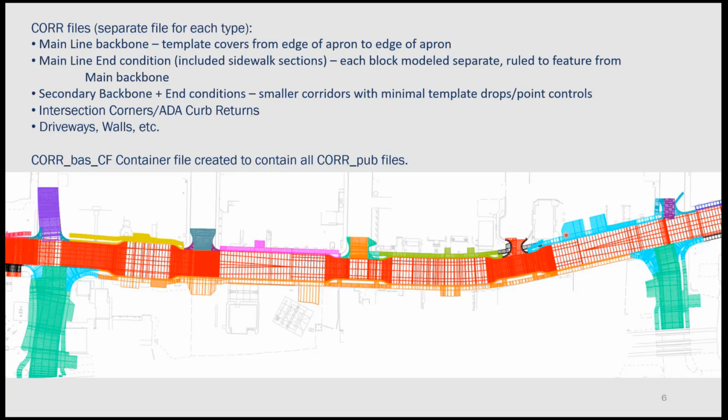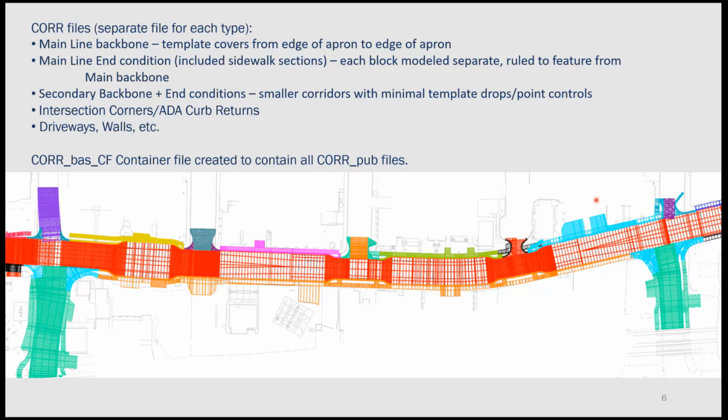So that once this block was done, and I've ruled the corridor off the feature line from the backbone corridor, and it was finished and it would come through correctly, I didn't have the instability issue or the corruption problems I did when I tried to model the entire corridor at once. It cut down my cross section or my template drops.